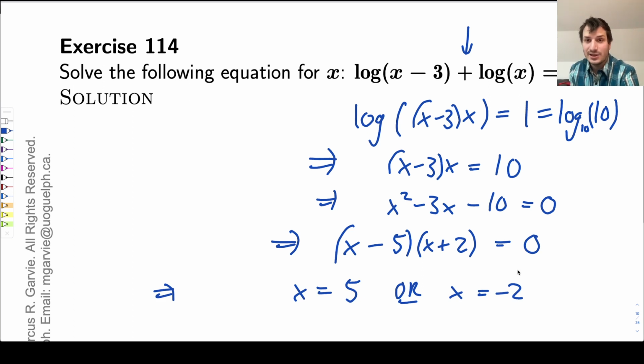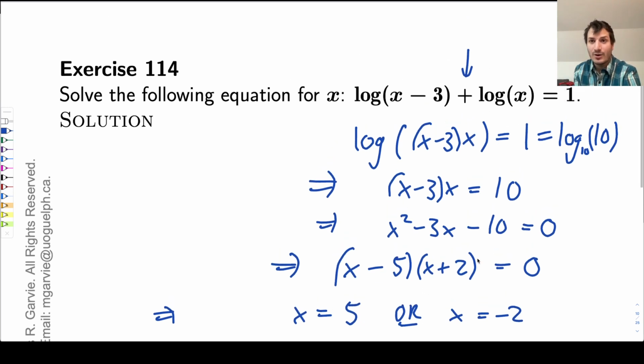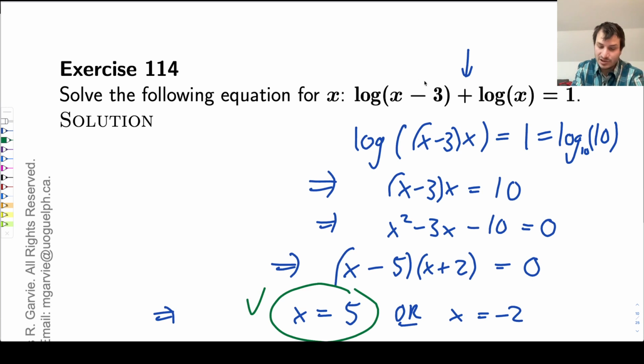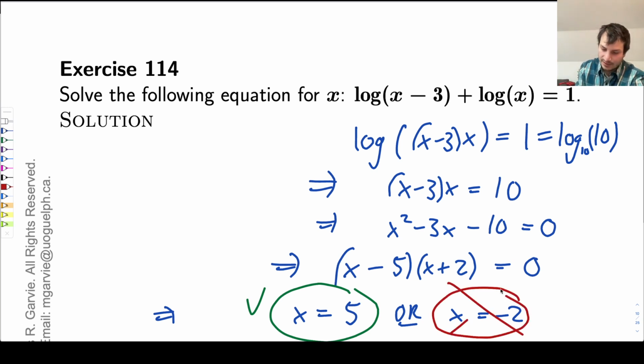And in this situation, it really is the case that only one of these solutions makes sense in the original equation. So going back to check, x equals 5 is perfectly good. 5 minus 3 is 2, that's fine. And x equals 5 is fine here. But x equals negative 2 is not fine. And that's because when x equals negative 2, you have a negative number here and here. The log of a negative number is not defined.